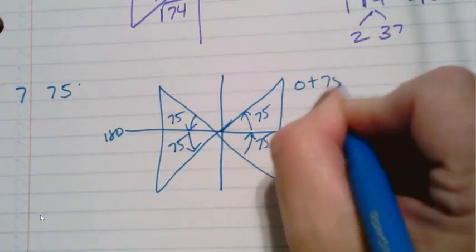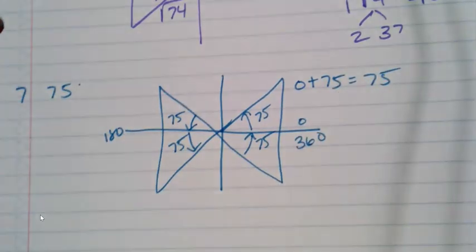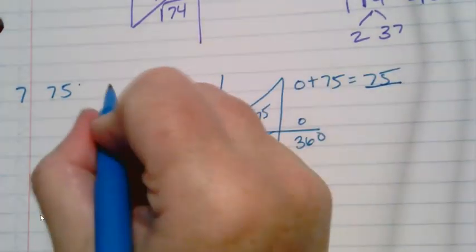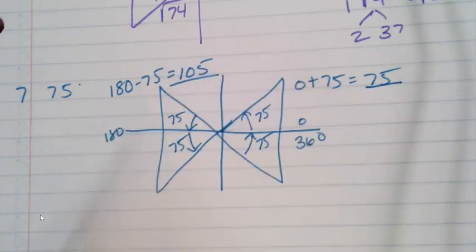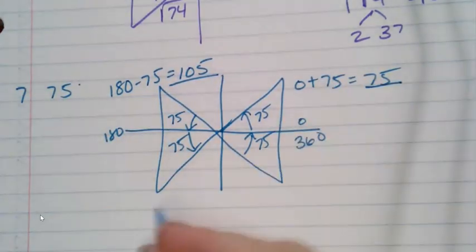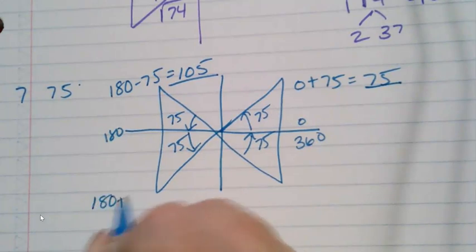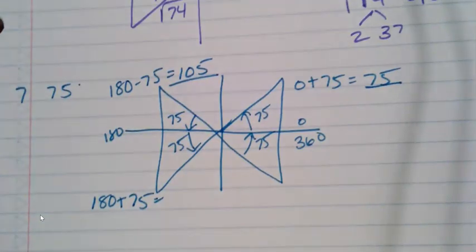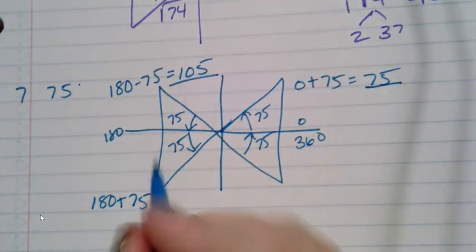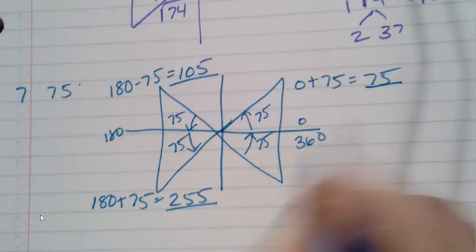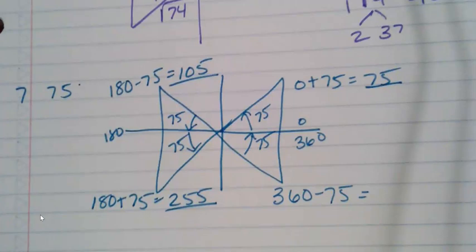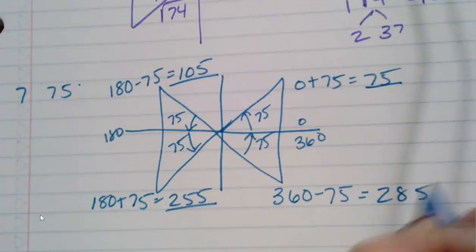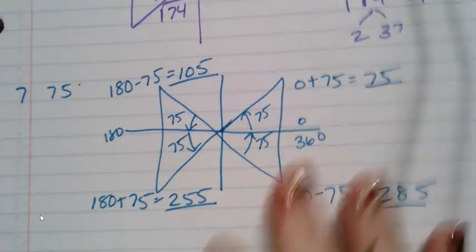So 0 plus 75 is 75. So there's one answer. This is going to be 180 minus 75, which is 105. Remember, across from the 180 plus 75 is 255. And 360 minus 75 should be 295. Nope, 285. So here's another answer.